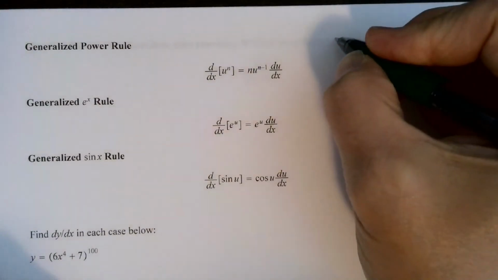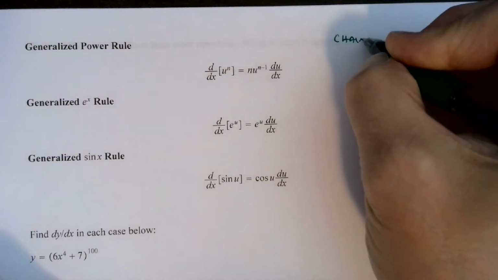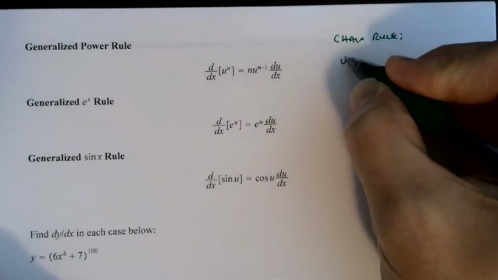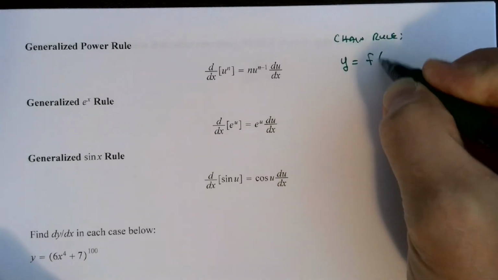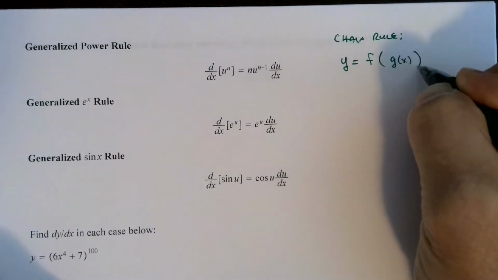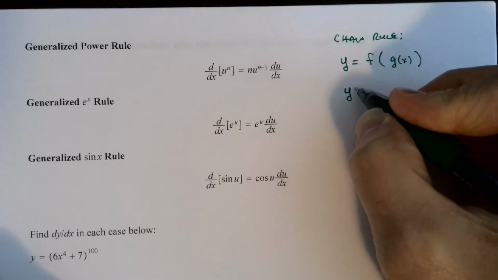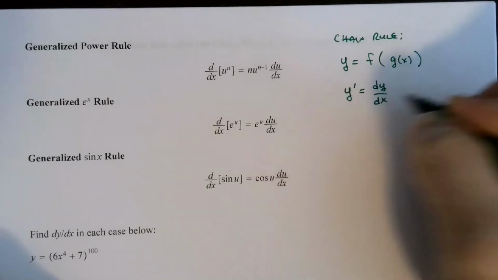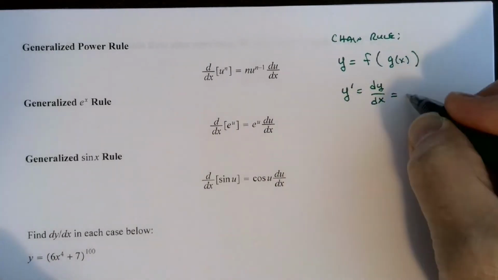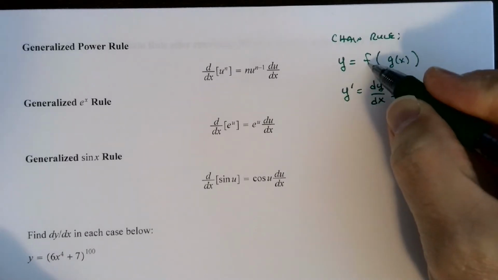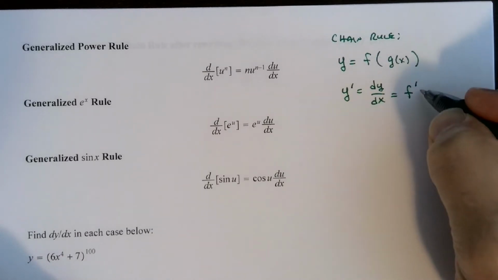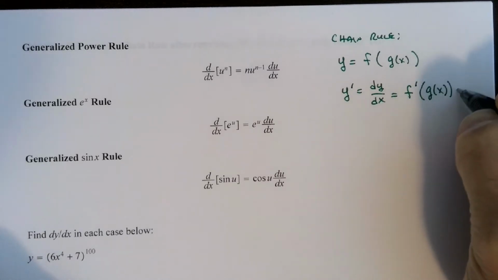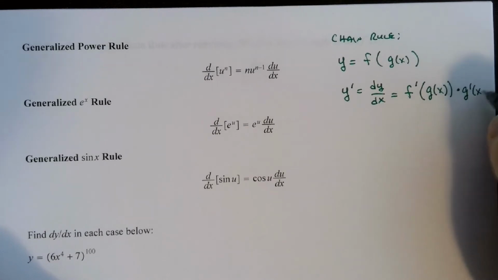So just recall here the chain rule, and it says that if we have a function y is equal to f of g of x, then the derivative, we'll just call it y prime, which I could also write as dy/dx, by this chain rule is F prime, the derivative of f, the outer function, evaluated at the inner function, times what? The derivative of the inner function.